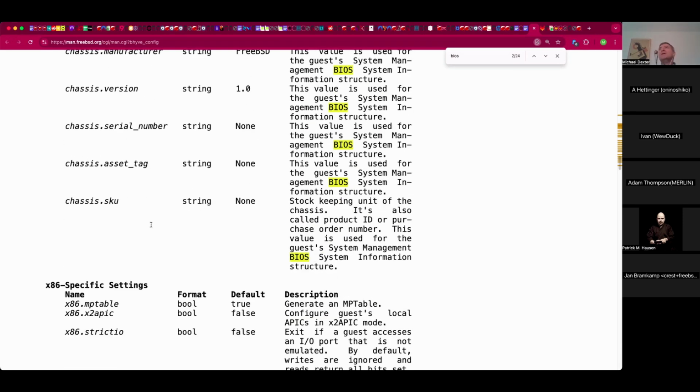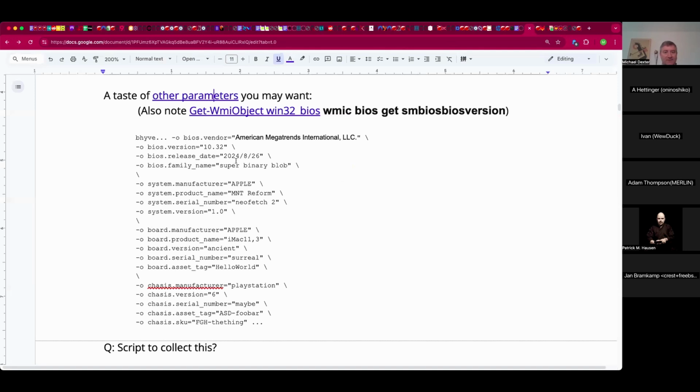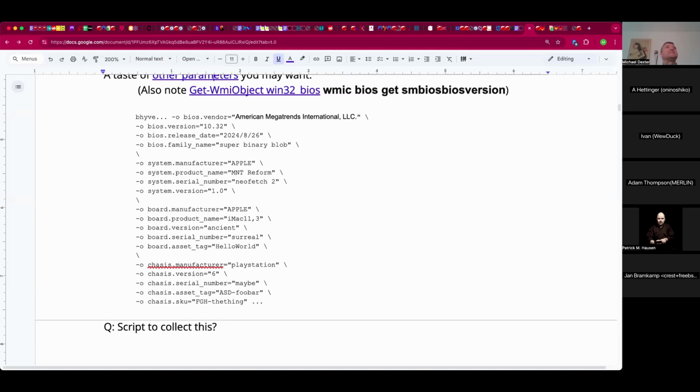Now the question is, how do you gather all of that? That's literally what I'm discussing. There's some WMIC commands in Windows, but booting modern Linux and running dmidecode is a good start. I know how to do it in Solaris. dmidecode works on any of the illumos distributions.